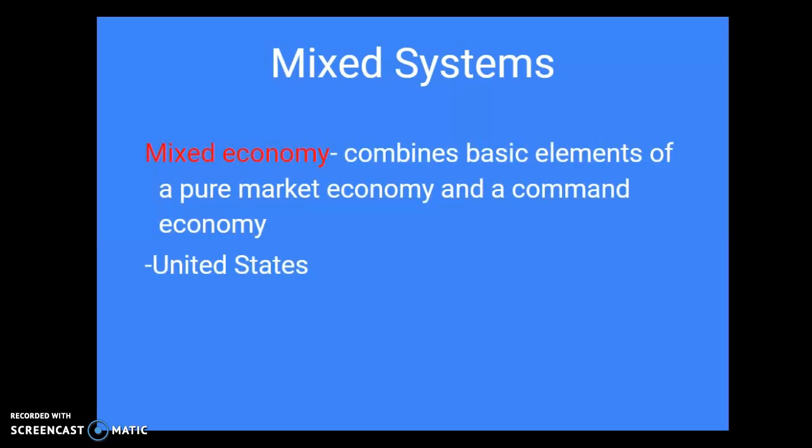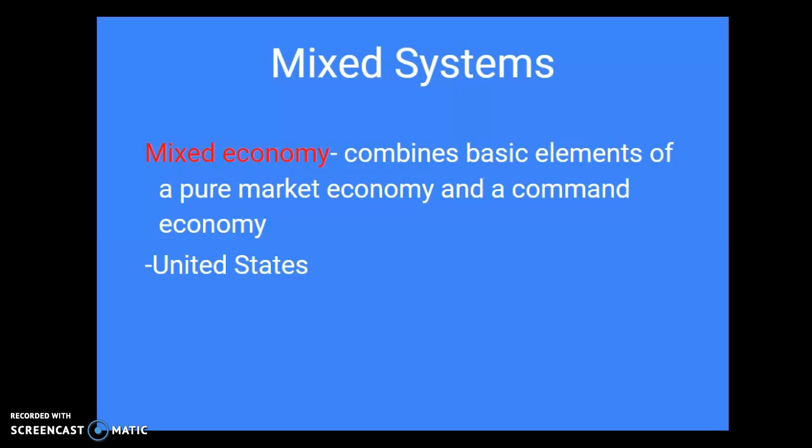A mixed economy is going to combine the basic elements of a pure market economy and a command economy. The United States is a great example of this. This is where we have that market economy where we are free to pick and choose what we want to do in life, what we want to buy in life. But the government is involved in our economy a little bit by taxes and by interest rates.